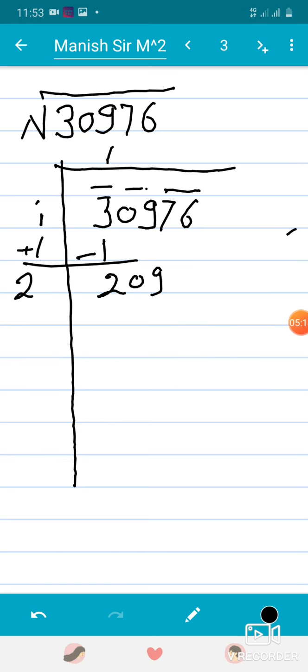We put some digit over here. Let us check. If we calculate with 27, multiply with 7. 7 sevens are 49, 9 carry over 4. 7 twos are 14 plus 4, 189.